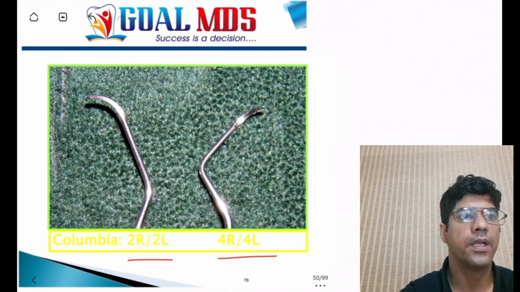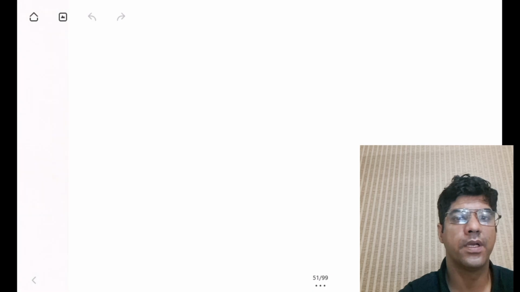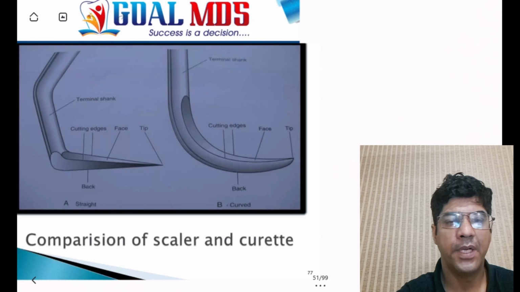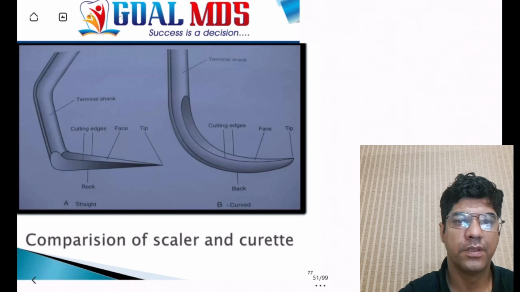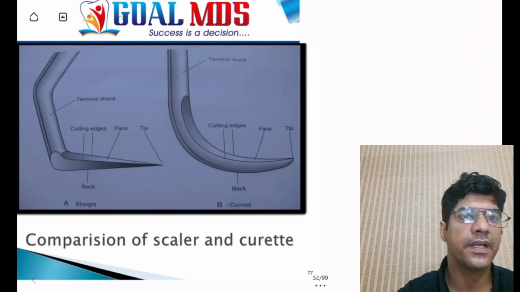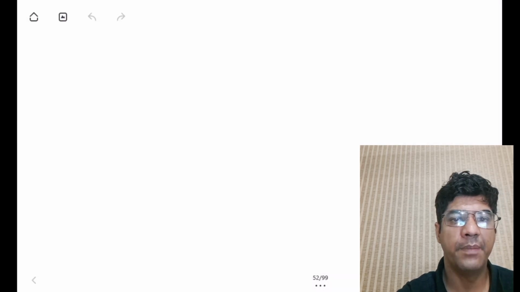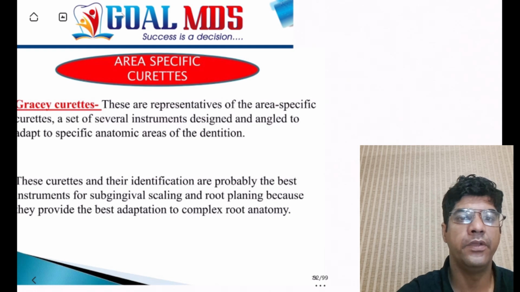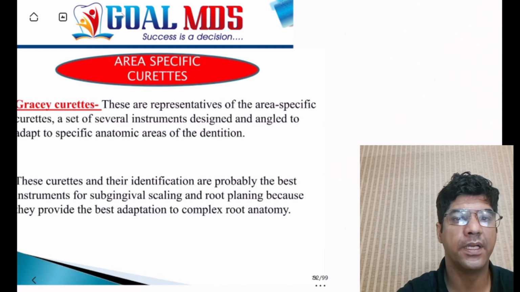Columbia 2R, 2L, 4R, 4L curettes. The adaptability of these curettes allows for efficient cleaning and tooth surface smoothing. The proper finger rest, fulcrum and hand positioning along with accurate adaptation are essential for use of these instruments. The next is the Gracey curette.